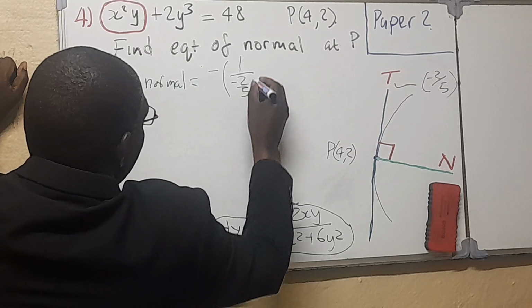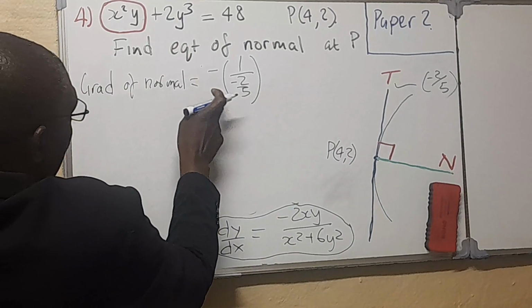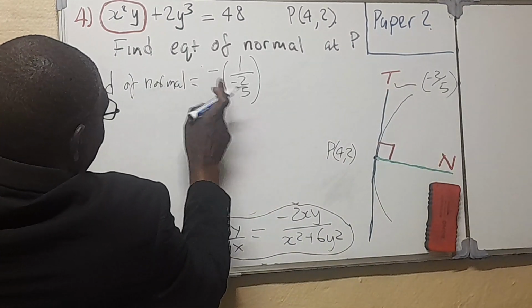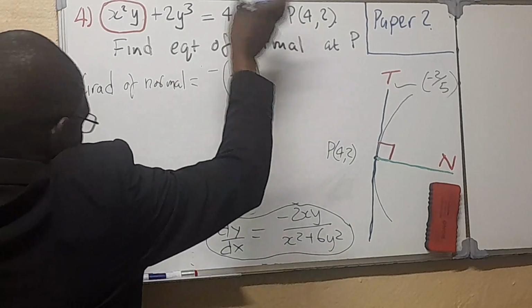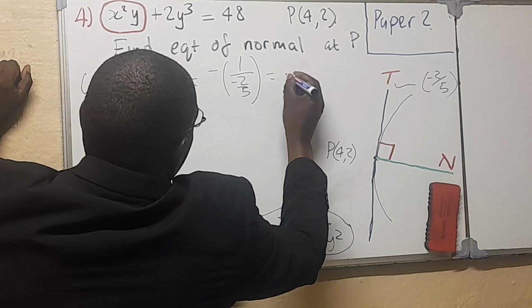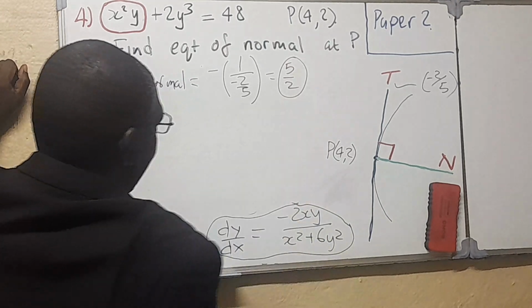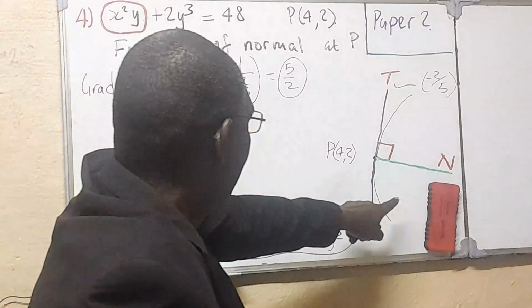Remember, it's minus the reciprocal of this gradient. So the two negative signs cancel out and the 5 comes up and it becomes 5 over 2. So this now is the gradient of the normal here.